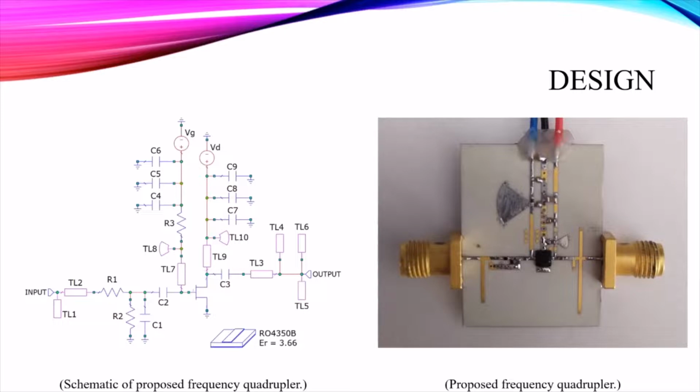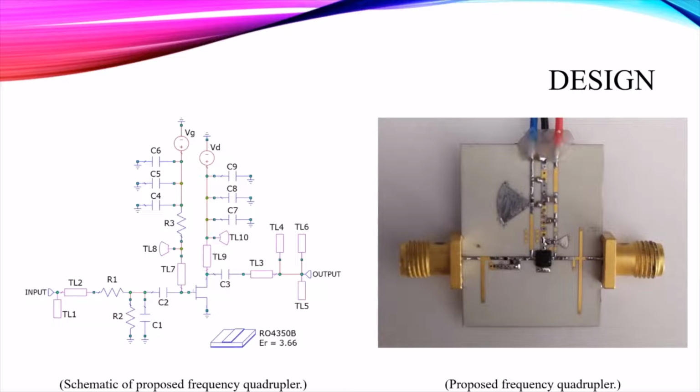Since TL5 has 3 lambda over 4 length at 3F0, the third harmonic signal is also reflected back from the output. Therefore, it is ensured that only the desired 4F0 is obtained at the output.